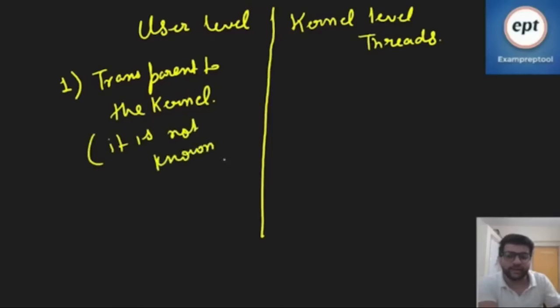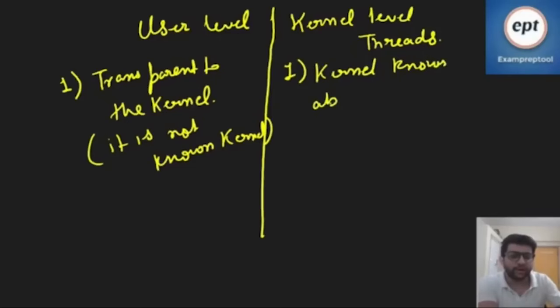So the kernel is completely unaware of these user level threads. And here, the kernel knows about the threads. So since the kernel is not aware of the user level threads, if we try to block a single thread, it will block all other threads, right?